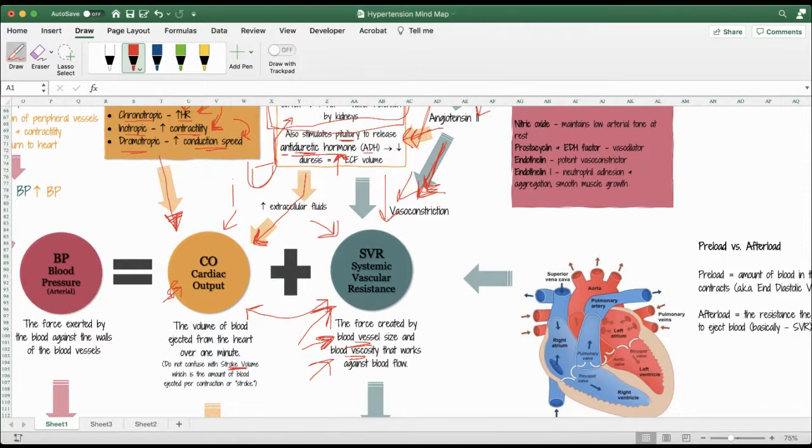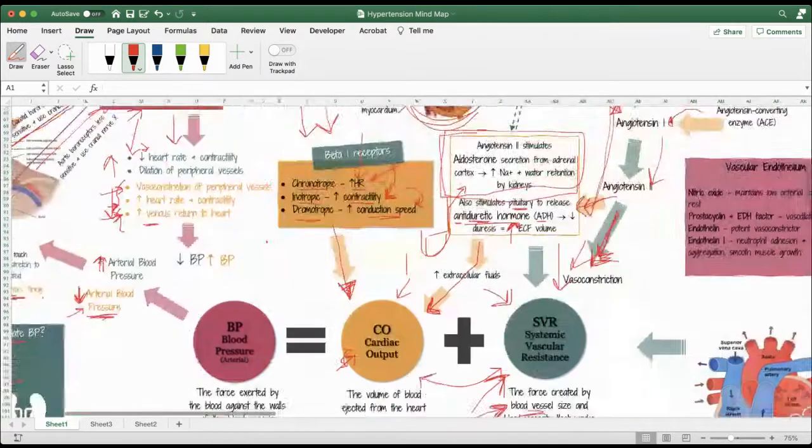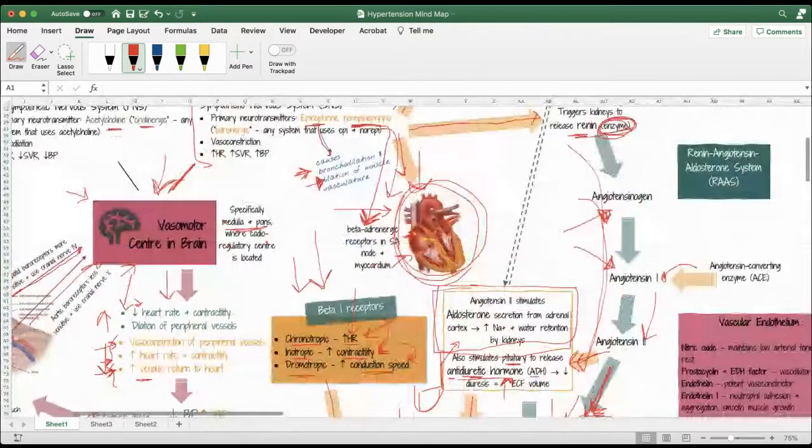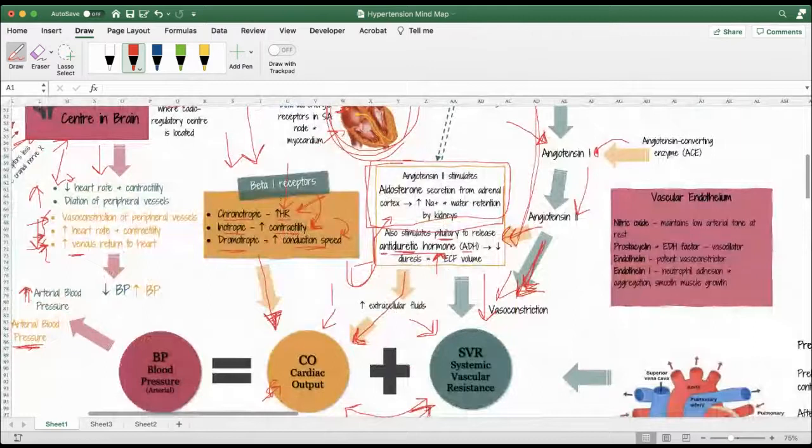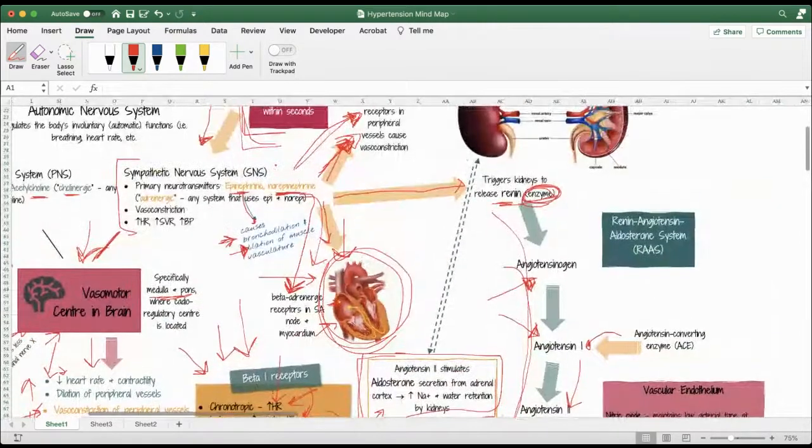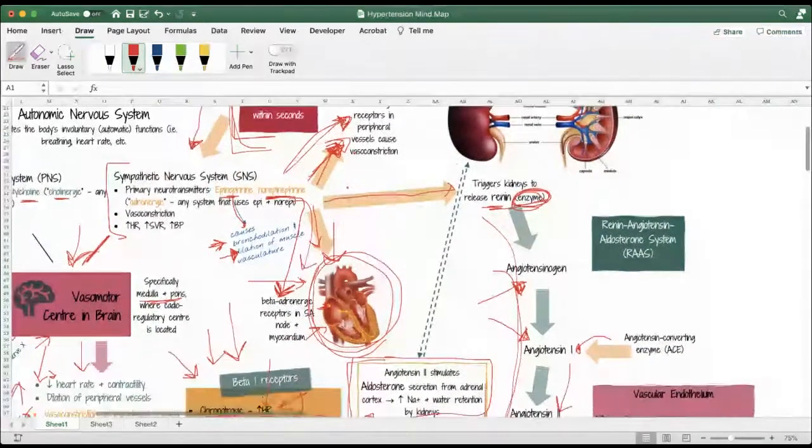I promise you guys, when you go to take the test, it's not about knowing this whole thing by heart. It's about basically understanding what I just said. And yes, of course, try to remember what the beta receptors do as opposed to what the alpha receptors do.